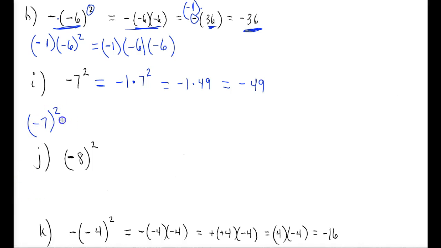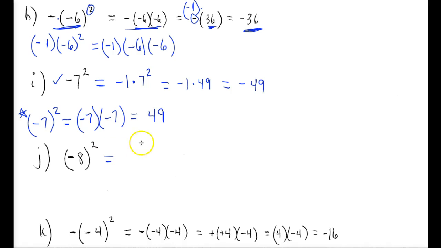If we did it this way, then that's translating it as a -7 times a -7. So we would look at it this way. And of course, a negative times a negative is a positive, and 7 times 7 is 49. So see the difference between what we're talking about here and what we're talking about here.